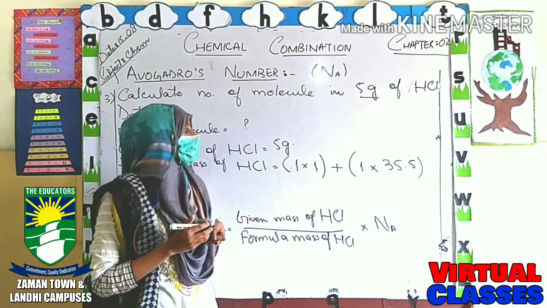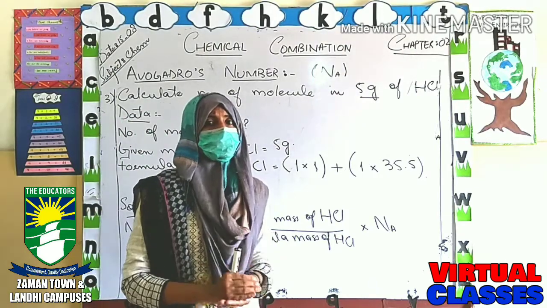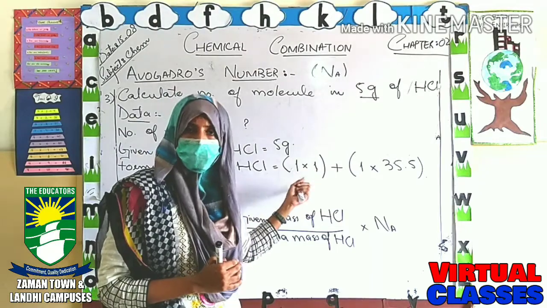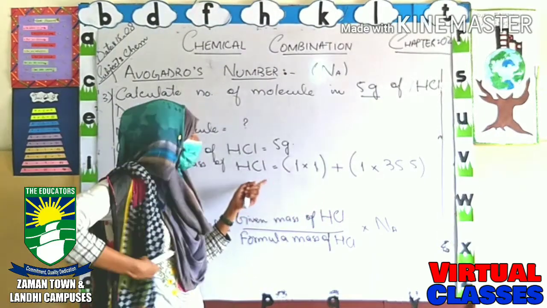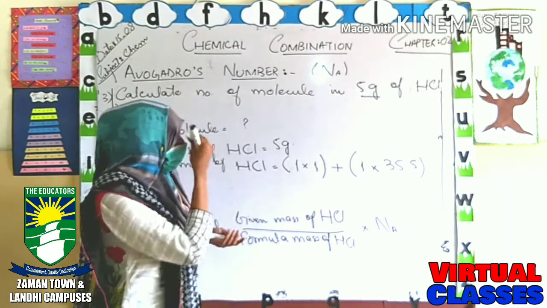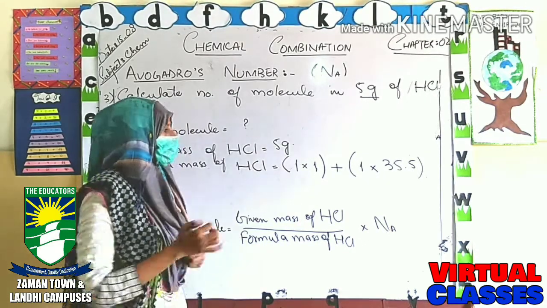Again I am repeating, where can you search for the atomic masses? In our previous classes we drew a chart related to the atomic masses, symbols of elements and atomic numbers. From there you can search out the atomic masses of different elements. The atomic mass of chlorine is 35.5.